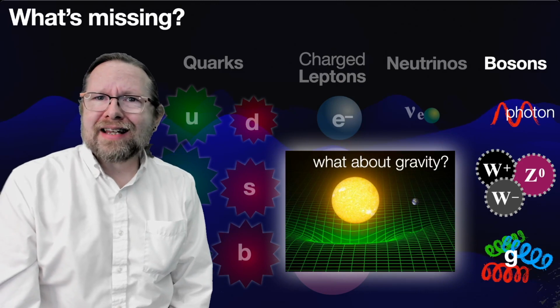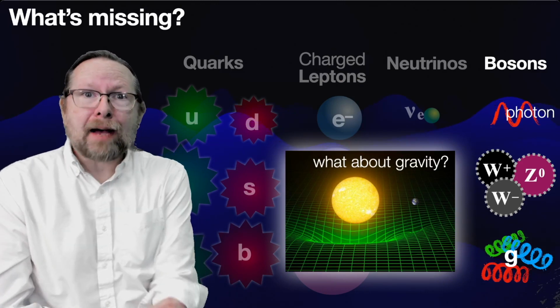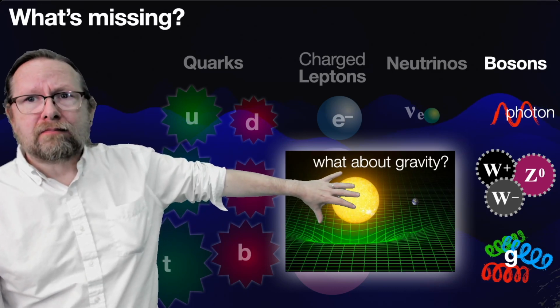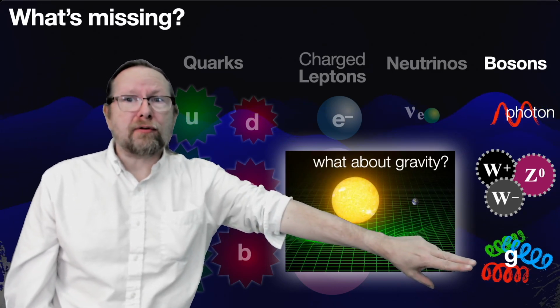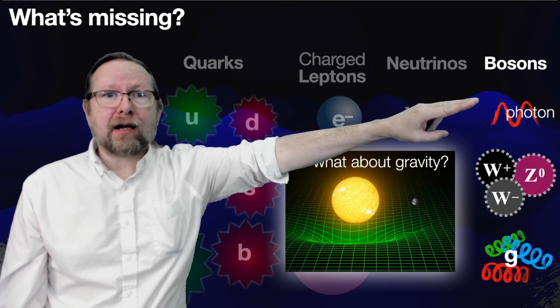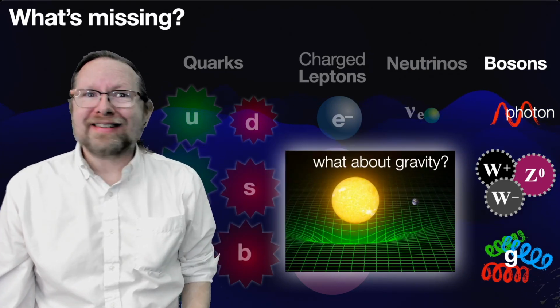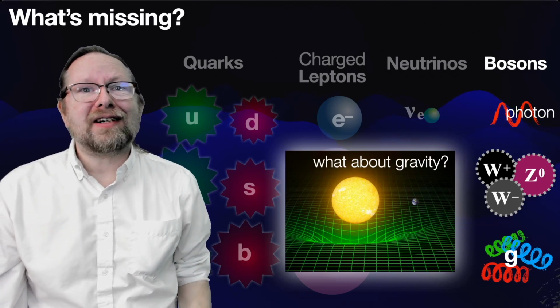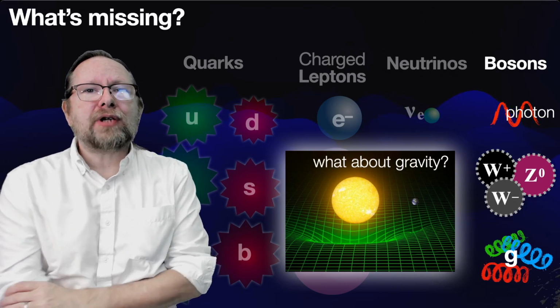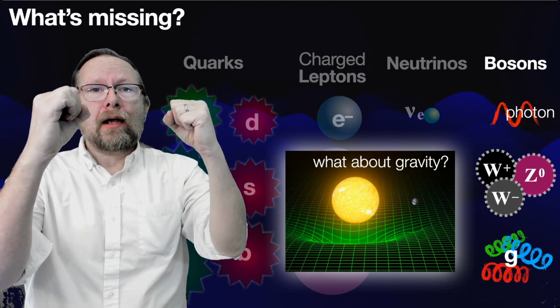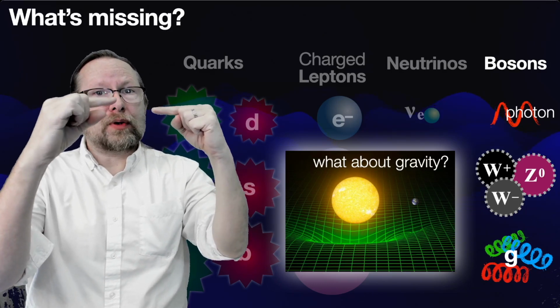One of the reasons that this state of affairs has happened is because the force of gravity is very weak. The strongest force in nature is the strong nuclear force. The next strongest is the electromagnetic force. The next strongest is the weak force. And the weakest force in nature is not the weak force. The weakest force in nature is gravity. If you take two electrons and you put them a nanometer apart, and you ask, what's the electrical force between them?